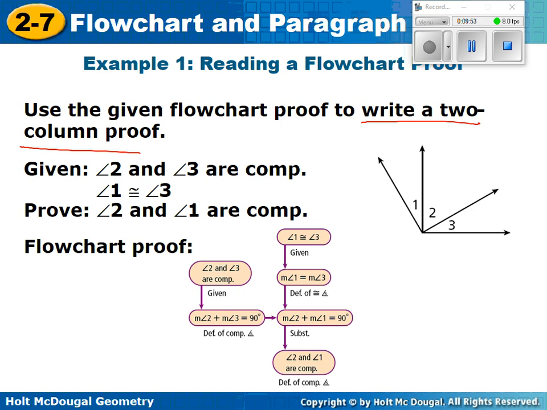Property of equality. And then your very last statement would be the one at the bottom, going down, which is that angles 2 and angle 1 are complementary. And what's the reason for your last statement? Definition of complementary angles.